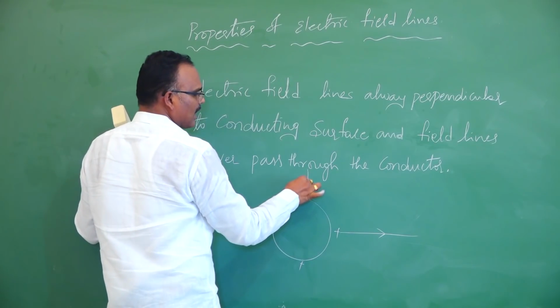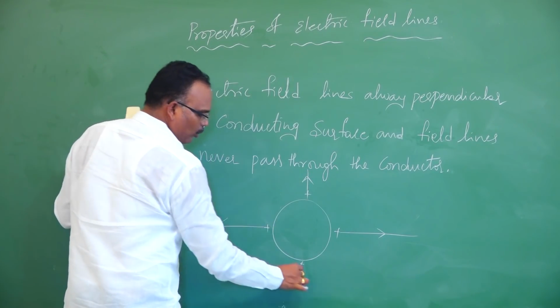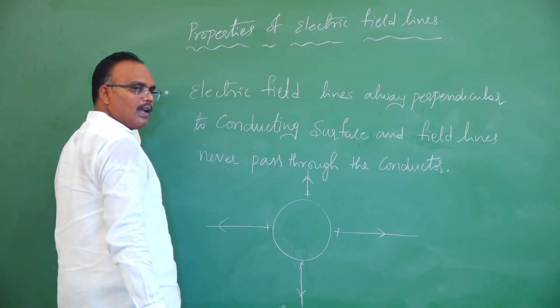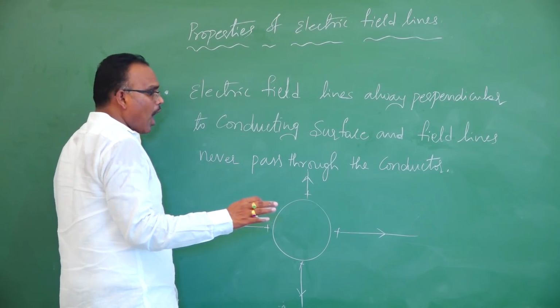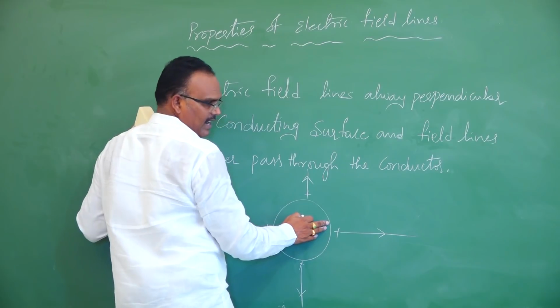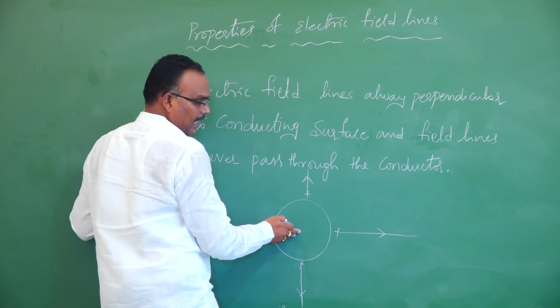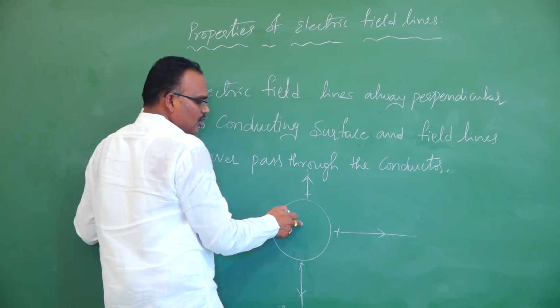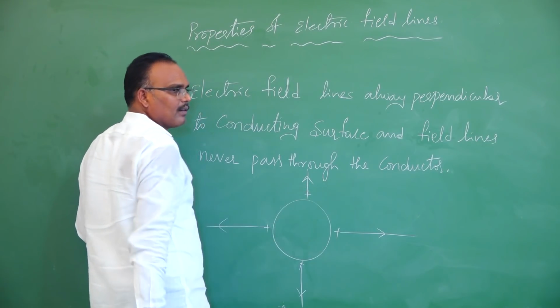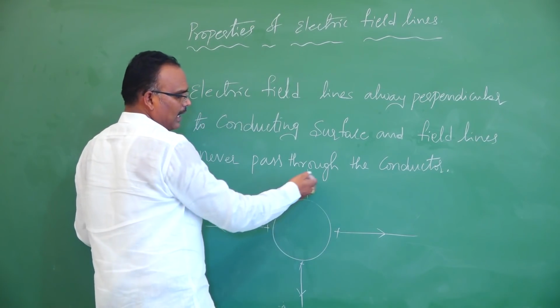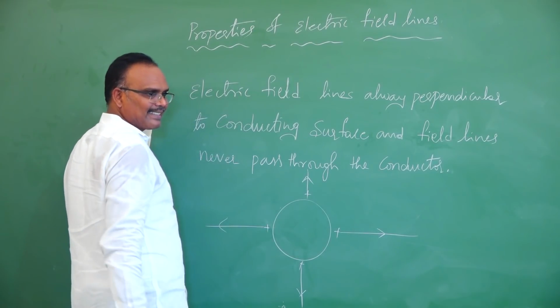Because of the positive charge, it will be radially outwards like this. Electric field will always be normal to the surface of a conductor, irrespective of the shape of the conductor. So the electric field will be perpendicular like this.